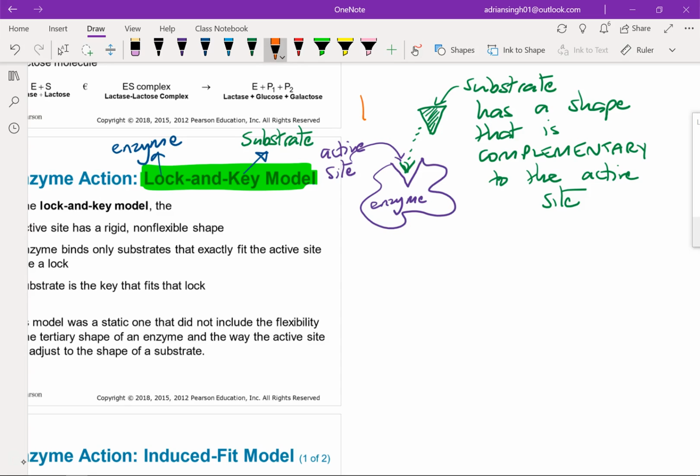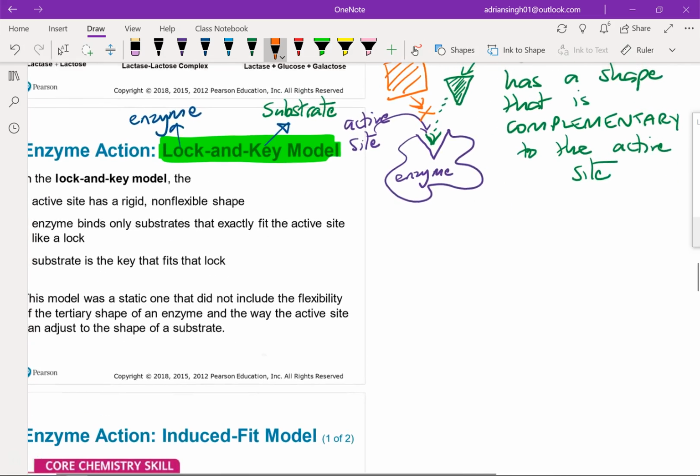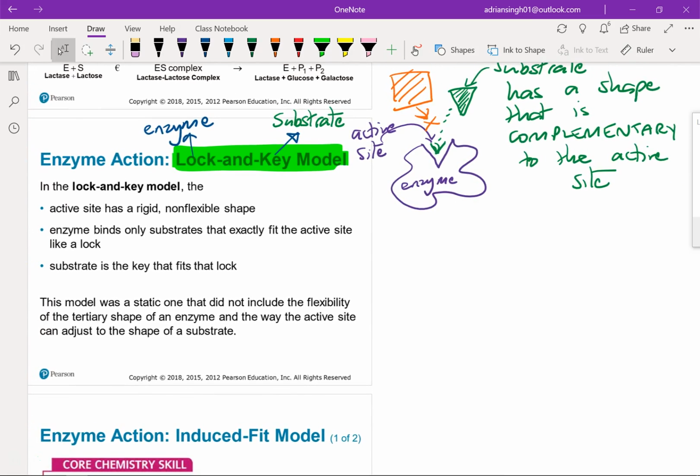Obviously, if you have something that has a very different shape than this, that is not going to be able to fit into that lock. So that's the lock and key model, which is predicated upon the enzyme active site having a very rigid shape. Okay, so the active site is rigid, kind of like a lock, and there's only one shape of the substrate that can actually fit in there.